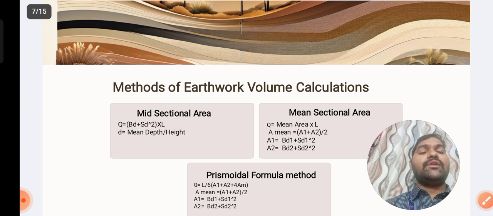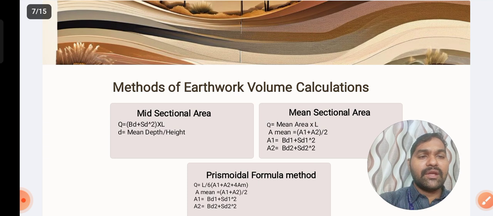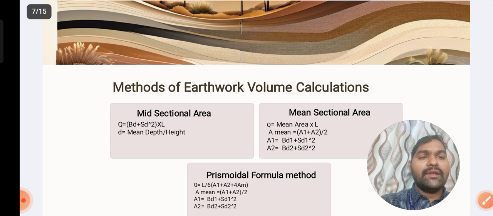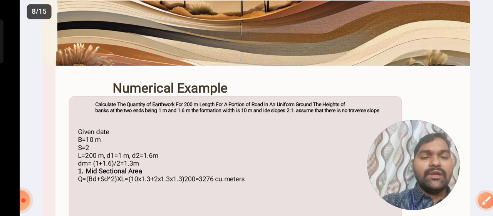I want to summarize it because it is very important. The methods we have are the mid sectional area method, the mean sectional area method and the prismoidal formula method. And the next one is the numerical examples we want to discuss for these three methods.